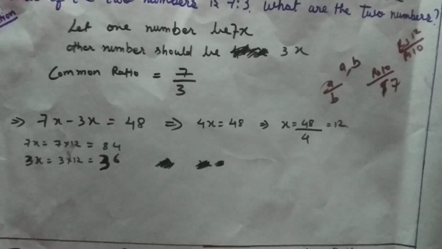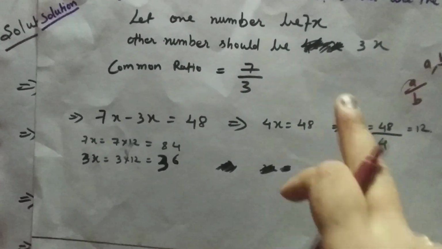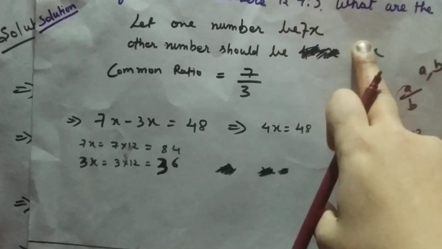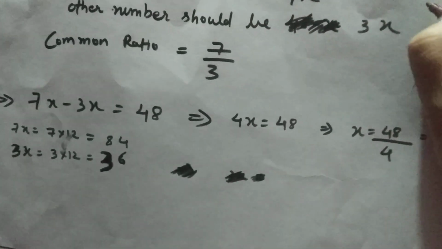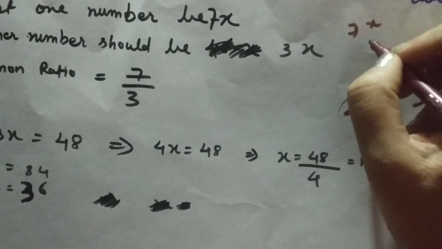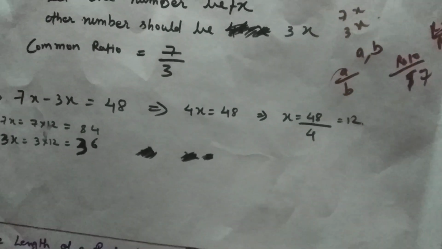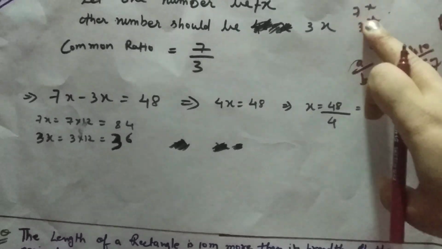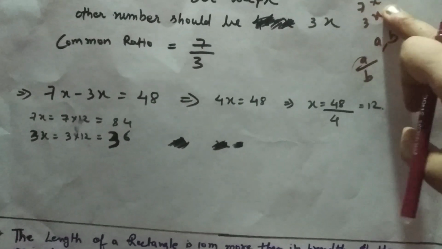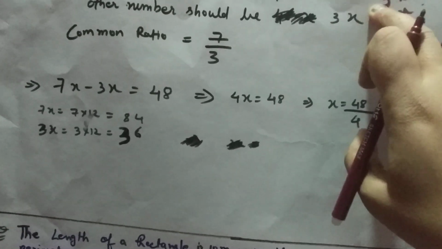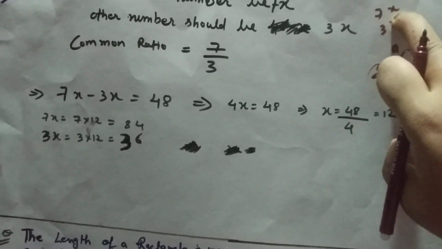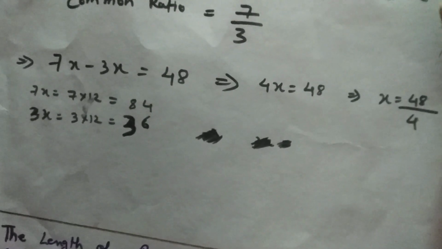How will we find it? We will consider that this ratio can be written as 7x and 3x. That means 7x will be one number. The ratio can be written in the form of numbers with the help of these terms, 7x and 3x.